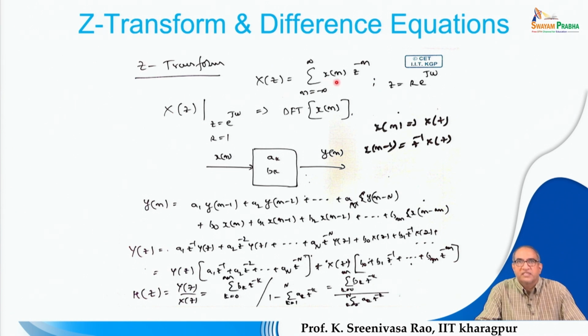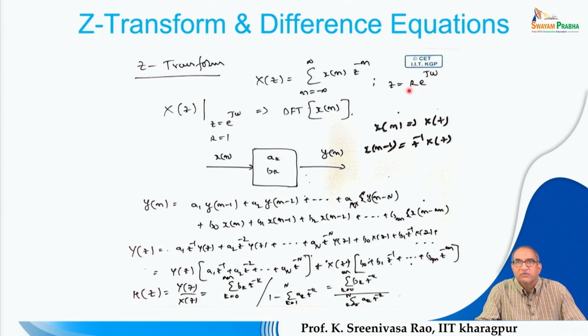x[n] is a discrete sequence over here, and by knowing x[n], we can compute the Z transform of the given sequence, as X(z) is nothing but the summation of x[n] over the limits n from minus infinity to plus infinity, z to the power minus n, where z is nothing but r into e to the power j omega, because as I mentioned the Z transform is in the complex domain.